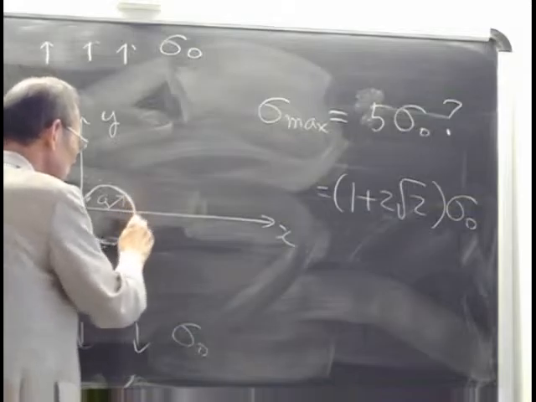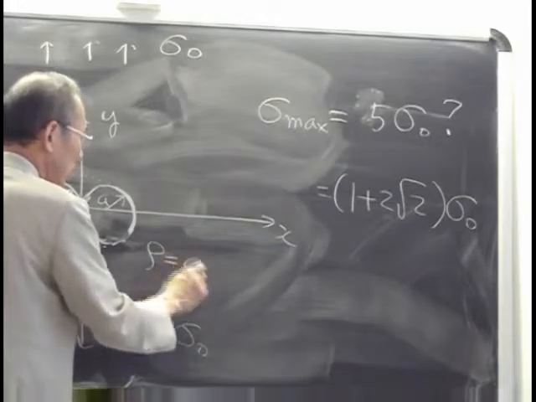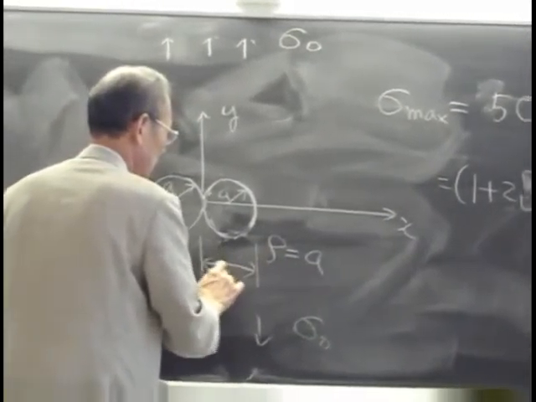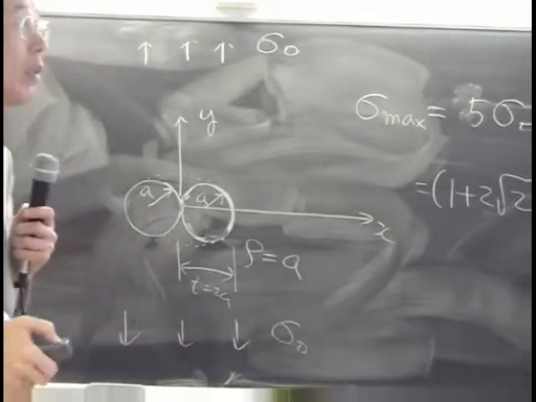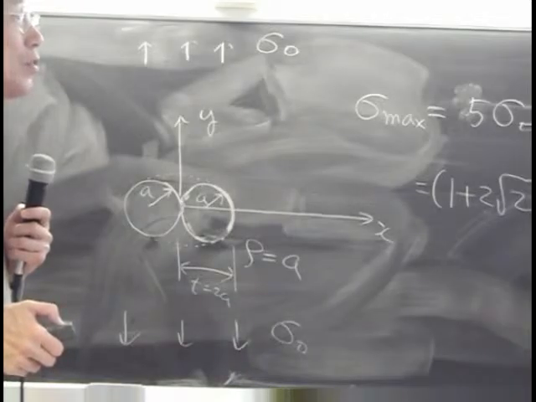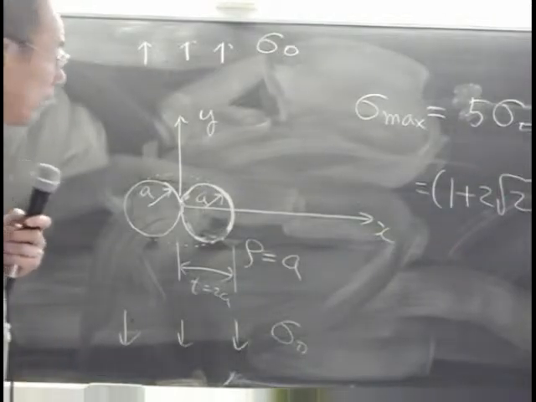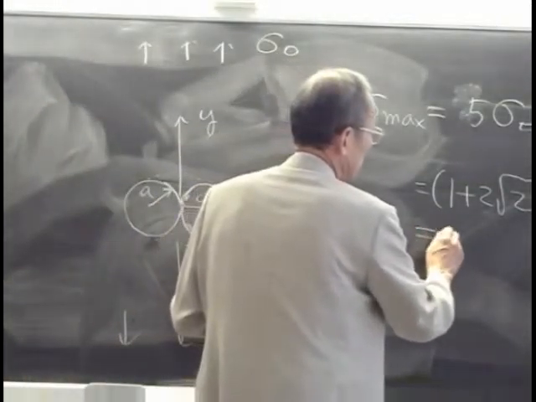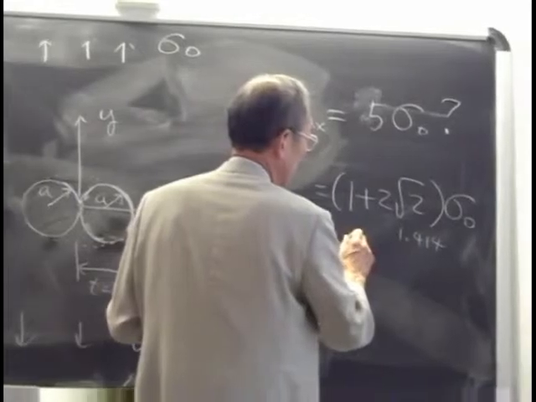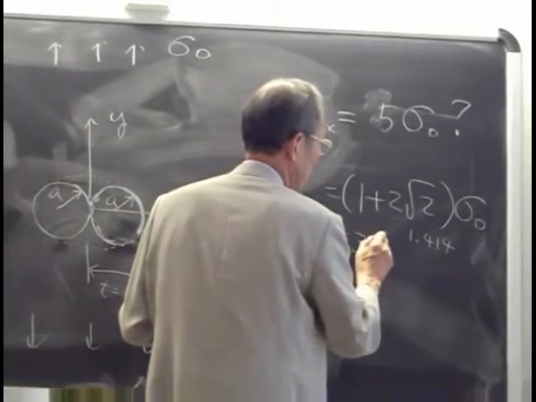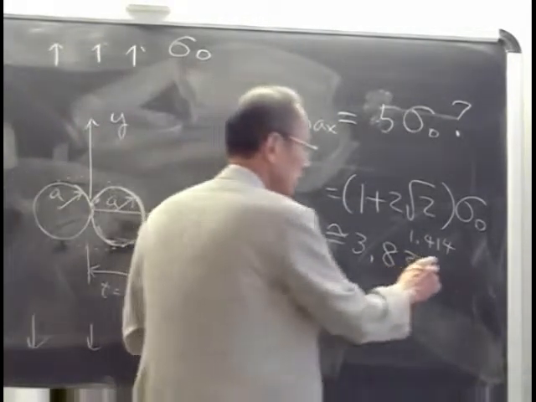But we know the radius, okay? Rho equals a, and this t equals 2a. So if we put this value, 2a and a, the solution is like this, approximately 3.83 sigma.